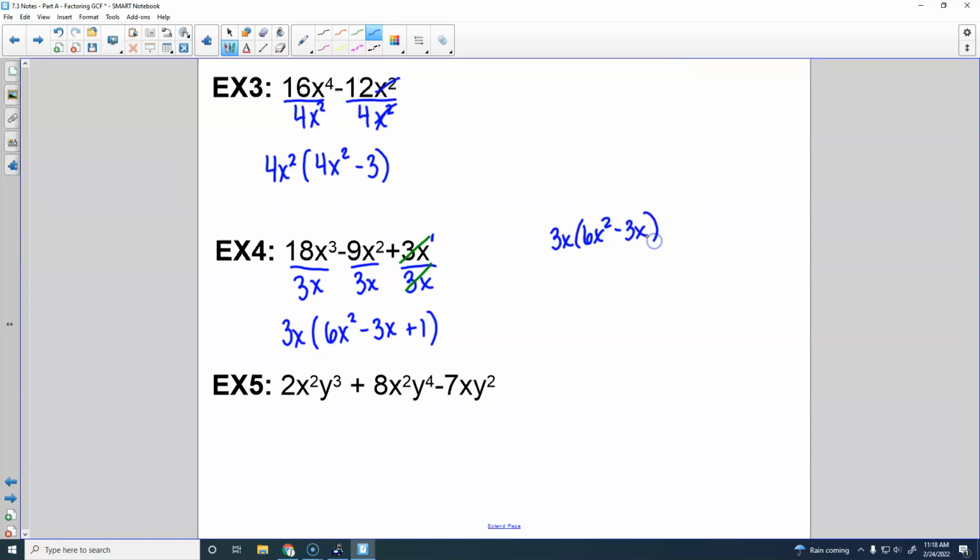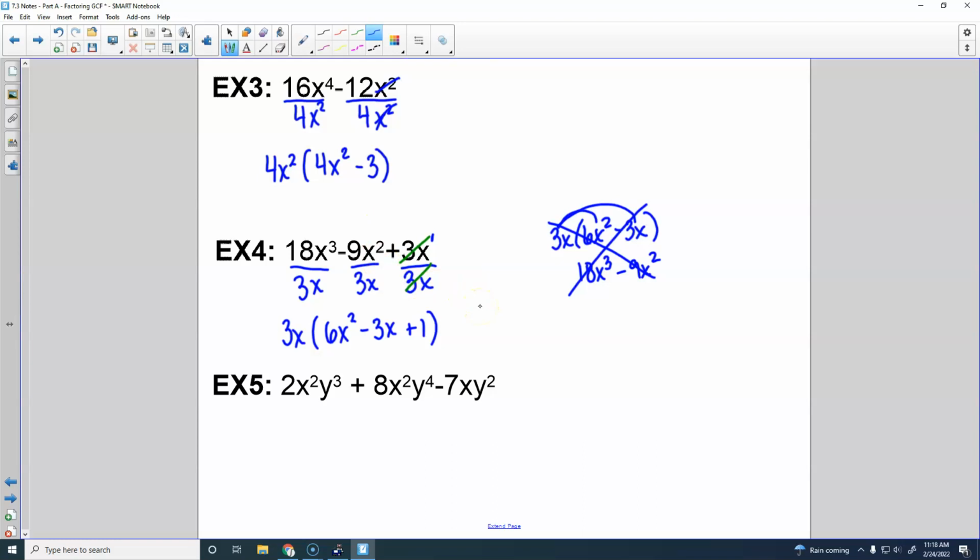But if we left the 1 off, when we multiplied back, here we'd get 3 times 6 is 18. We'd have x to the third. And then 3x times 3x gives me negative 9x squared. But I wouldn't have that plus 3x on the end that I need, so I would know it was incorrect. So whenever you have something completely cancel out, you still have to put a 1 there. Okay?